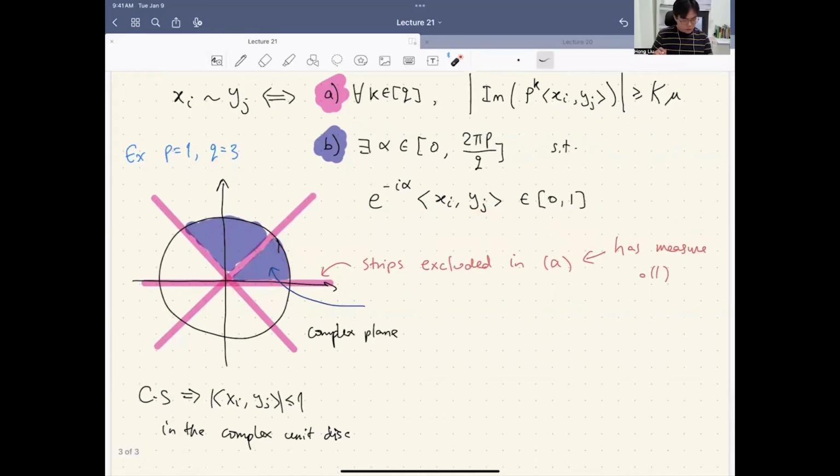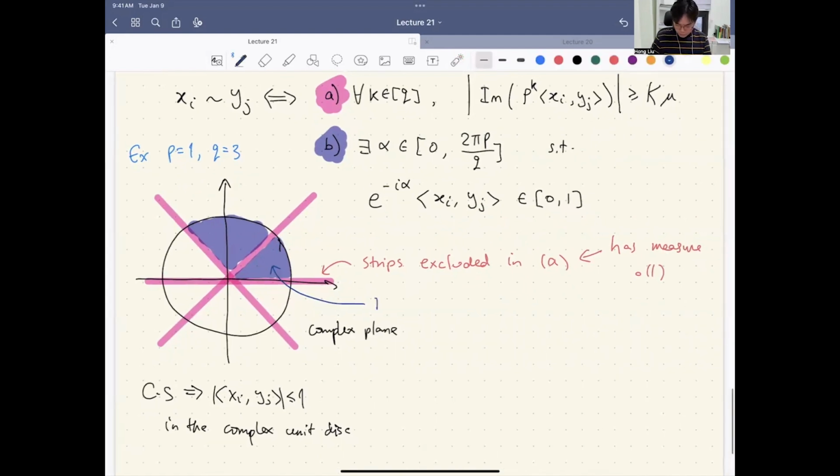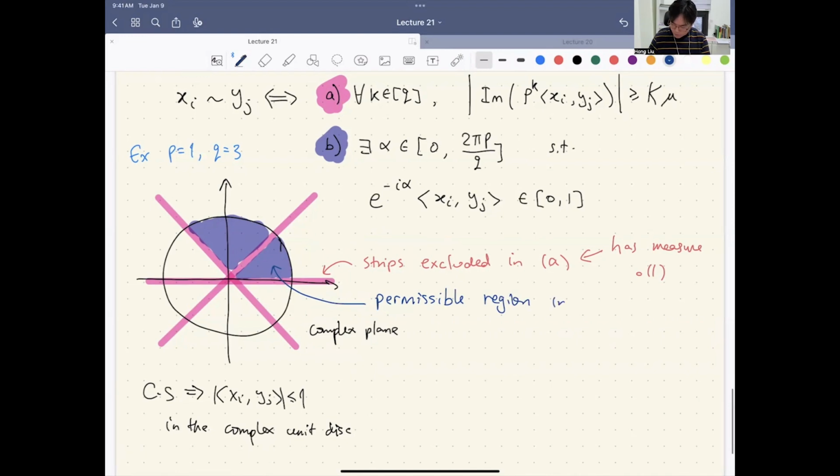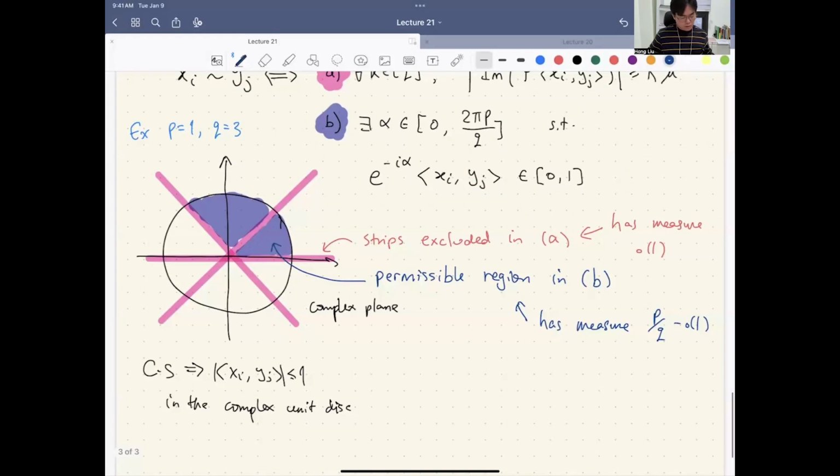This is the permissible region in B, which we will see has measure roughly p over q minus little o(1). That's the construction. Any question?